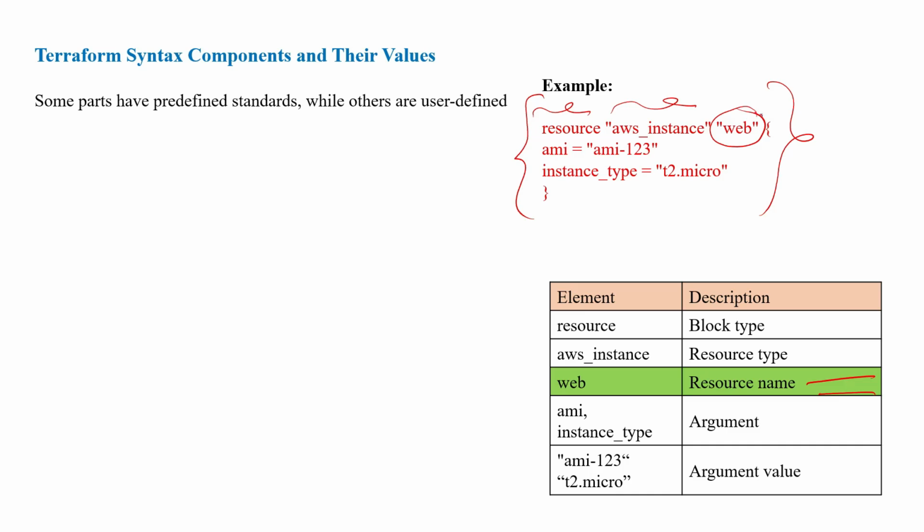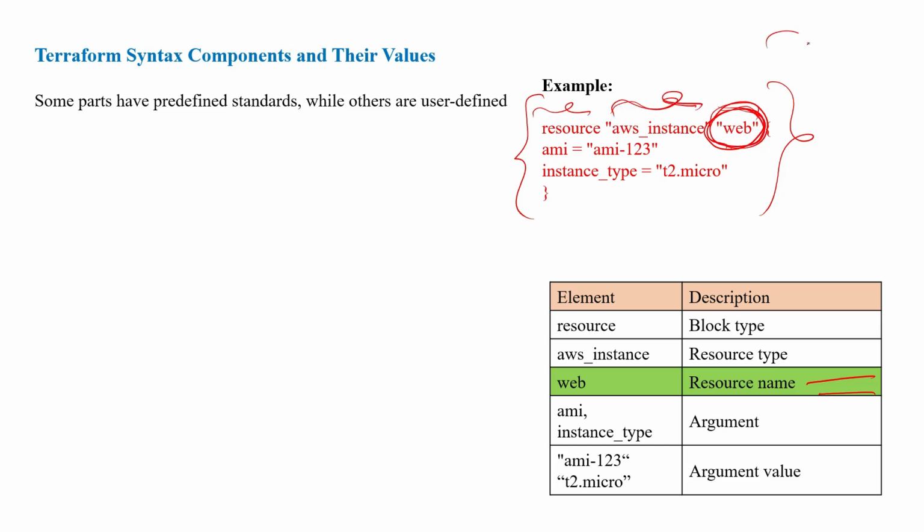This is the identifier for Terraform, because Terraform creates a state file whenever you apply the configuration and create the different resources in the cloud. Every resource that has been configured in the cloud is maintained by Terraform in the state file. So how does Terraform identify each and every resource? With this particular identifier. Here we have created an AWS instance with the identifier web.